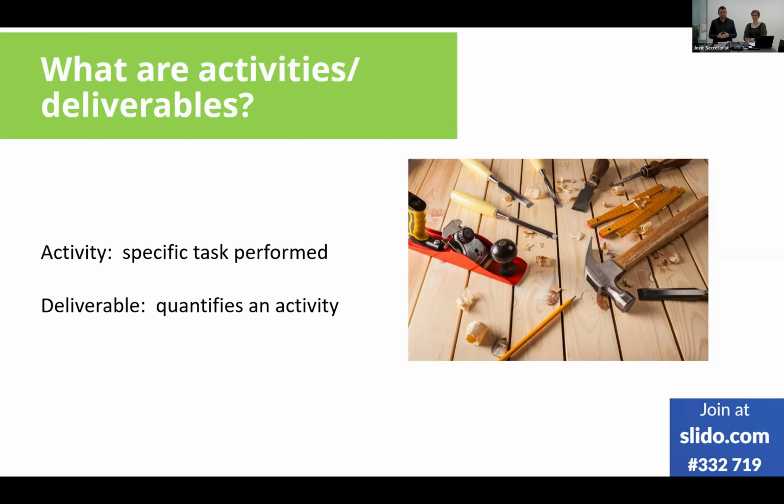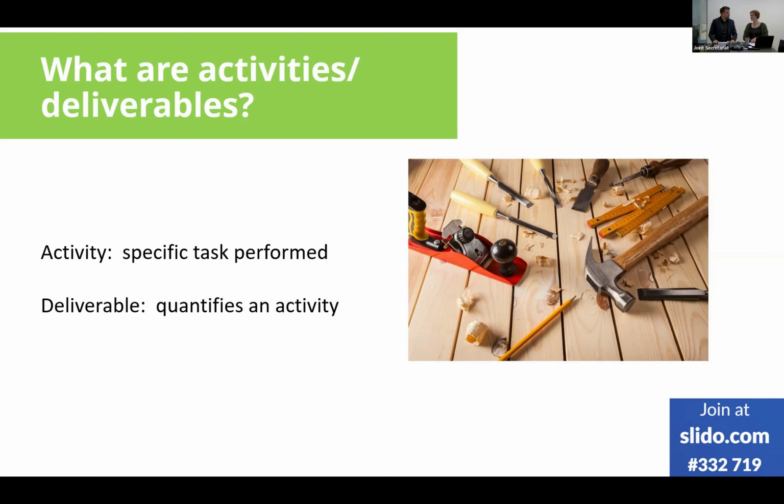How do we measure it? Whether it is happening or it has happened or not. Then we use deliverables, which are quantifying the activities. So in this example, that will be a number of meetings, internal meetings, external meetings, and then you can put a target number next to it, and then it will be measurable.